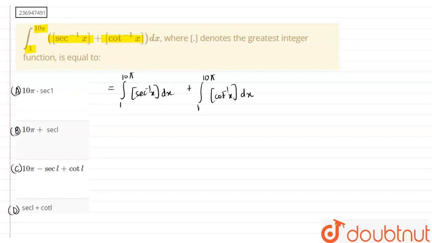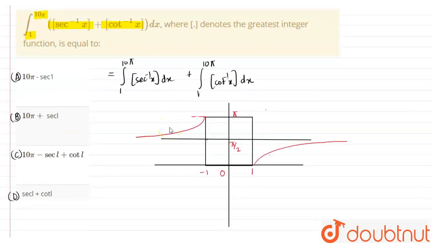Right? So now moving further, we need to see the graph of sec inverse x and cot inverse x. Alright. So this is how the graph of y equals sec inverse x looks like. So we have to mark the points at the integral points. Alright. So this is pi by 2, which is approx 1.56, and there is 1.